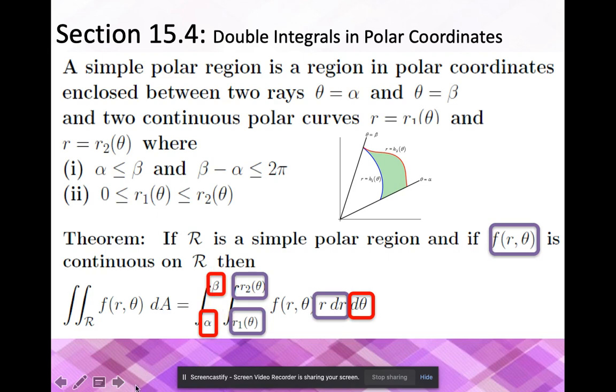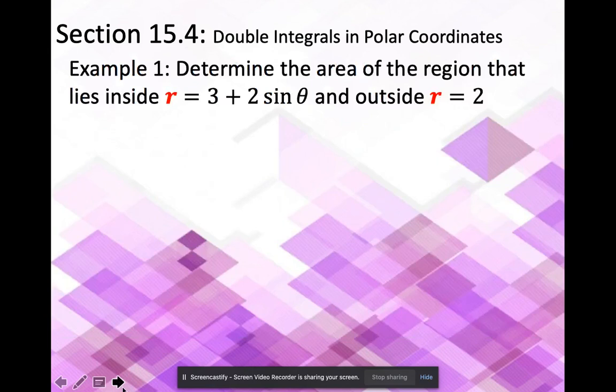Then you have your d theta on the outside, so your outside limits of integration are theta values. So here we go. Copy down those two equations. Notice they're already in terms of r, so there's no need to transform anything.